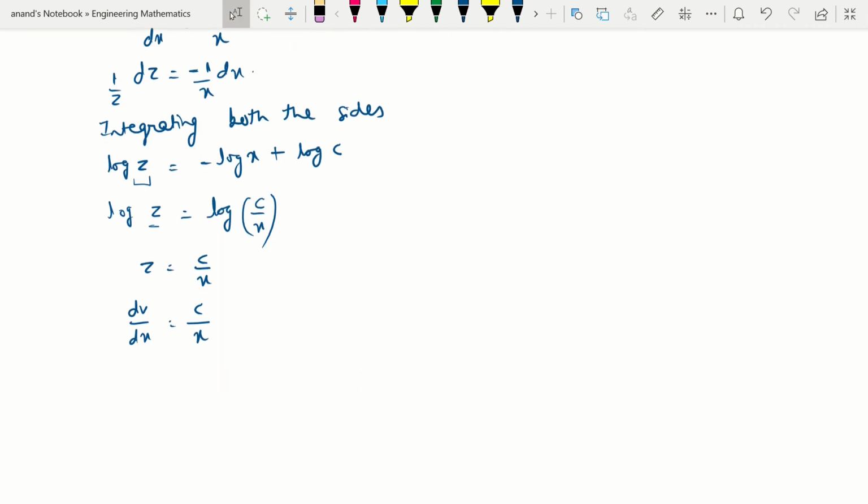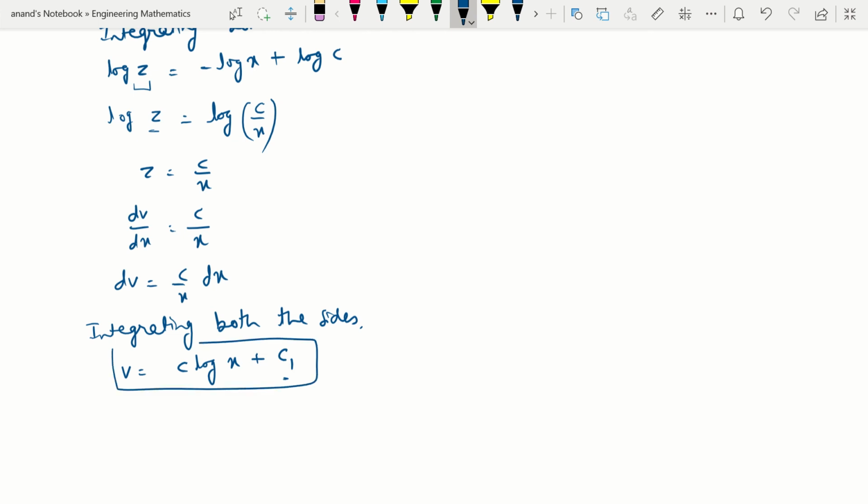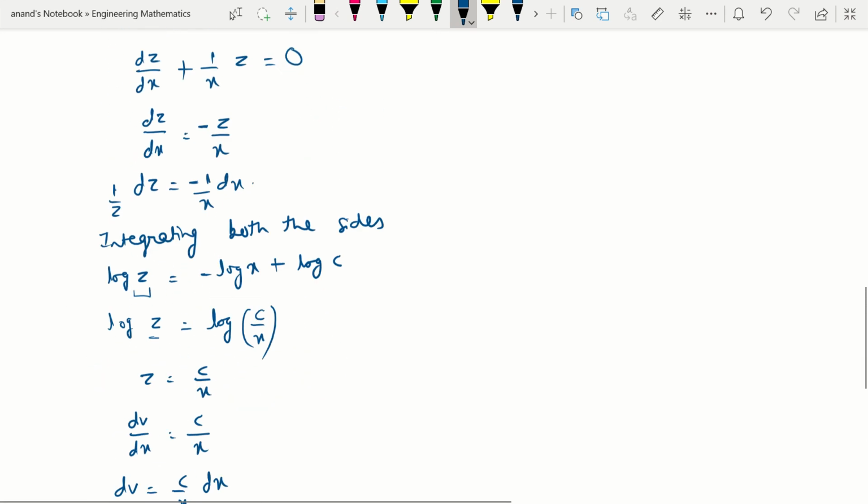So we get dv equals c by x dx. Now integrating both the sides, we get v equals c log x plus c1. So this is the value of v, and the value of u was already given to us, that was e to the power x.